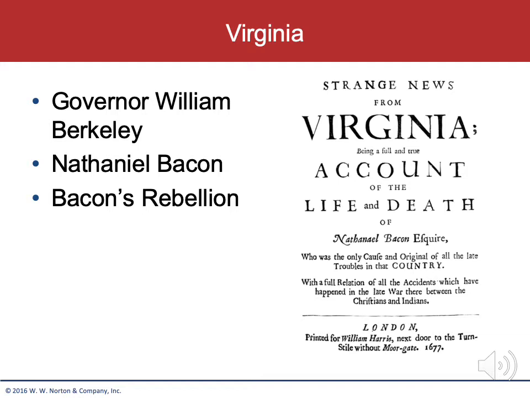And at one point, Berkeley has to evacuate the capital. Bacon orders Berkeley arrested, but then Berkeley is going to regroup his troops, because Berkeley flees, but then Bacon died of an illness, and so Berkeley was able to regain control, and any of the surviving people of the group were hanged for treason.